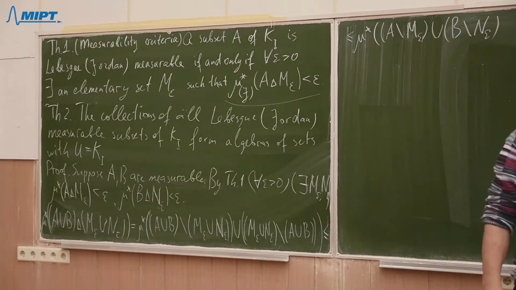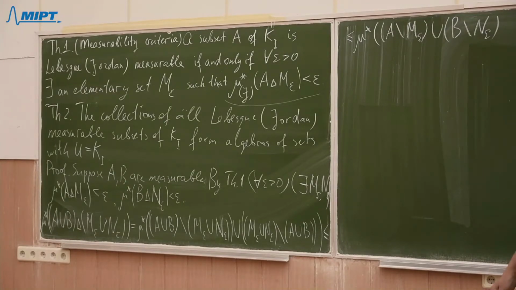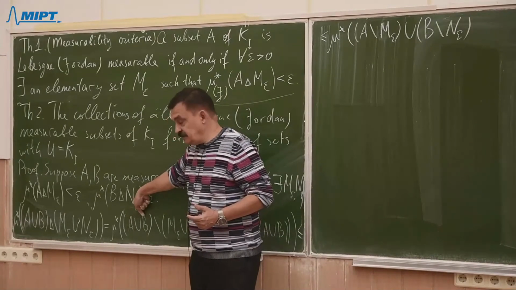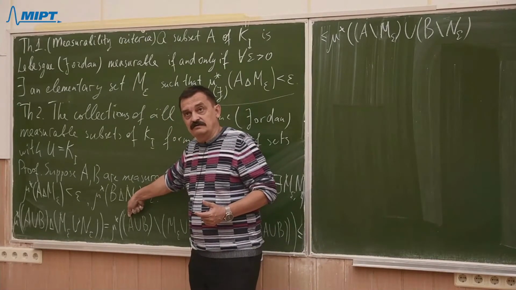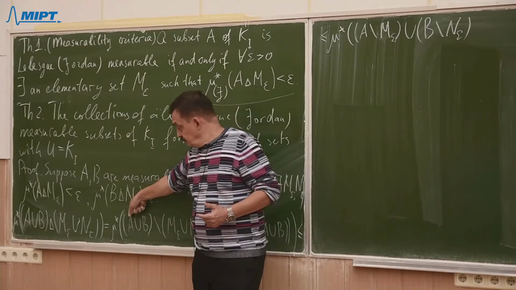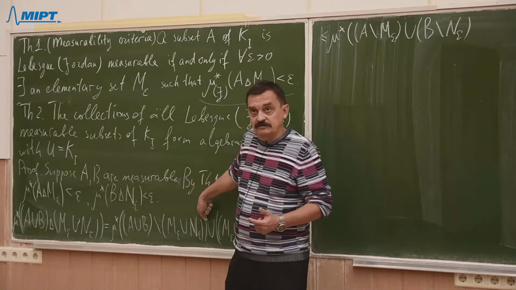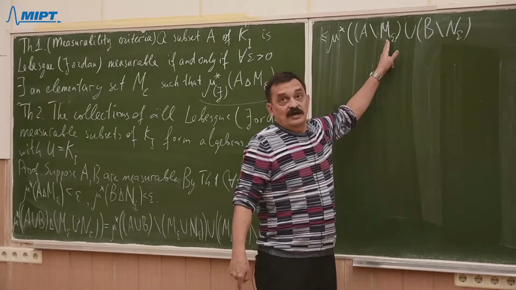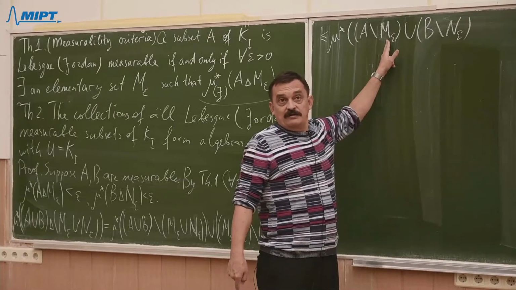Why is it true? Because if we have an element here, then it is either in A, right? Then it should not be in that union, but I consider that it should not be in M_ε, so I don't care about M_ε.